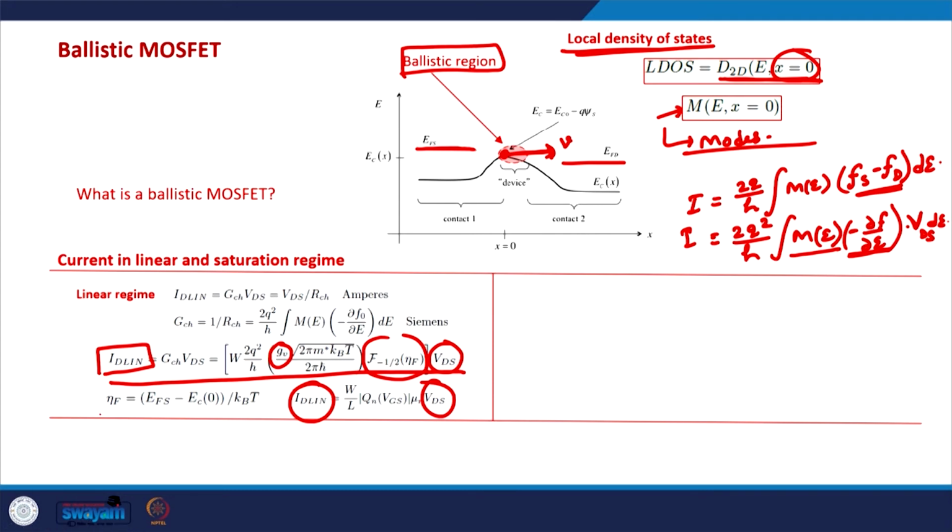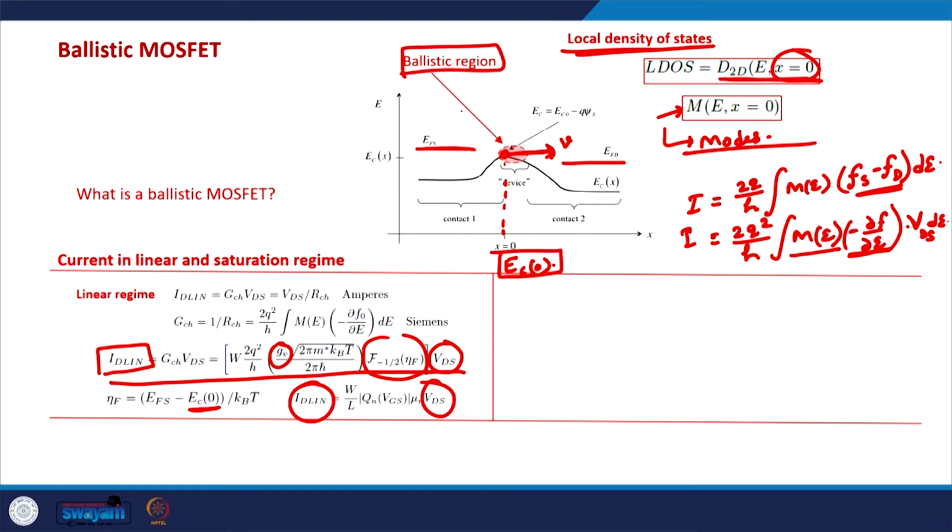This parameter eta f is EFS minus EC0, and just to take note here, this EC0 is exactly this point, the top of the barrier point essentially. Since this is x equal to 0, the conduction band minimum at this point is represented as EC0.